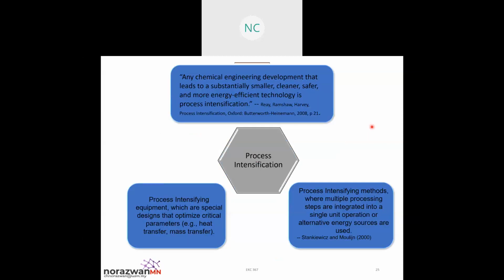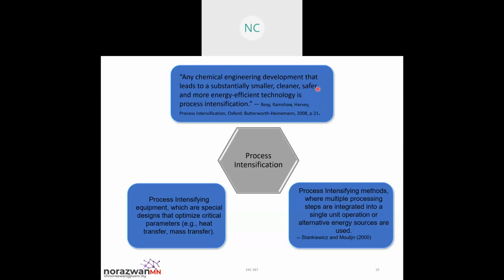Process intensification. What is the intensification process? It is any chemical engineering development that leads to a substantially smaller, cleaner, safer, and more energy efficient technology. So if it involves smaller, cleaner, and safer, this is the one.